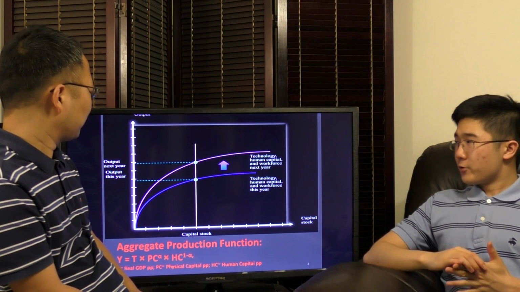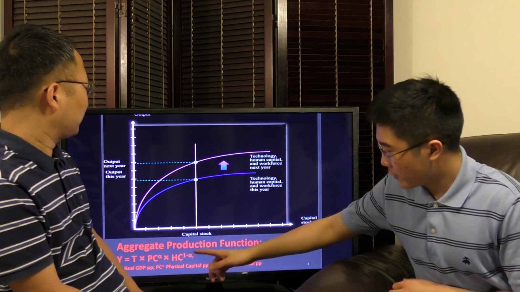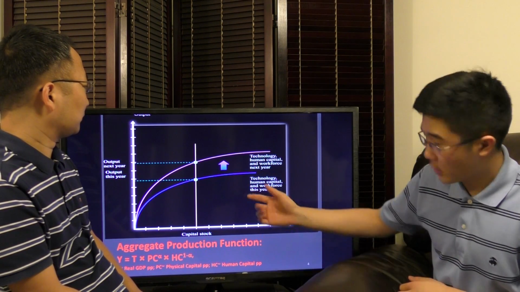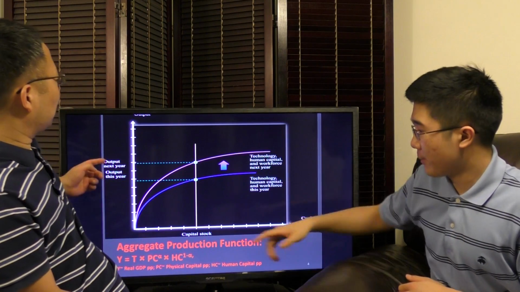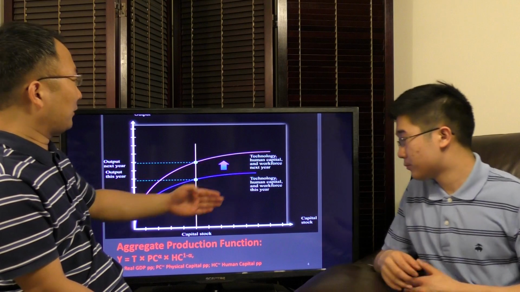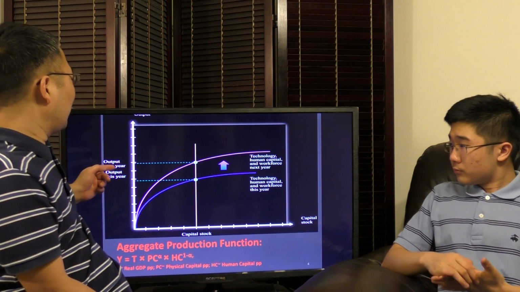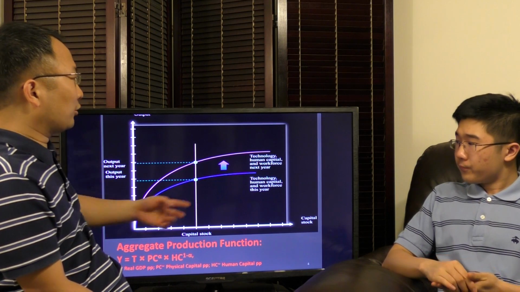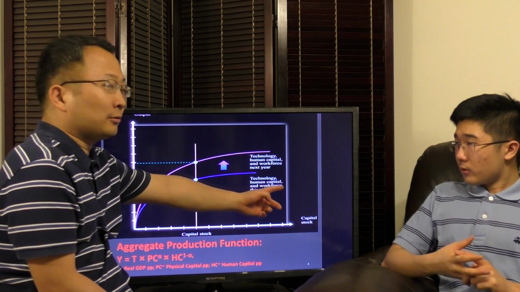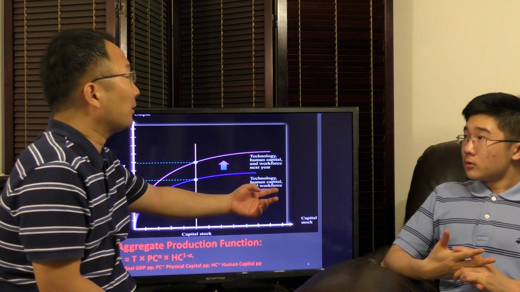And so, as a result, we see here, if technology, physical capital, or human capital increases, then our overall output in our aggregate production function goes up compared to the amount of capital stock we have. This graph captures the overall picture, because real GDP increase could be led by technology improvement, human capital improvement, or even workforce improvement, for example, the labor participation rate.